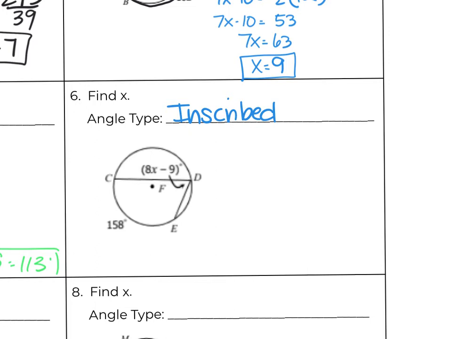Quick thing I want to note, if you flip your notes to the very back page, this is the whole unit, so don't get too overwhelmed yet, but central angles and inscribed are right here in the middle, and it gives you those formulas. So if you need a quick reference throughout the unit, that's going to be a good place to look, okay? So it gives you both of the formulas there when you need those. So let's do 2 minutes, try to solve X.